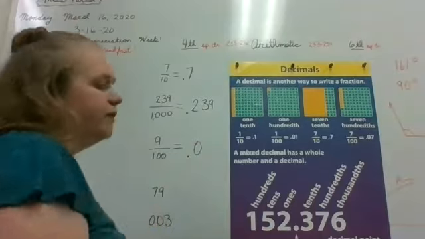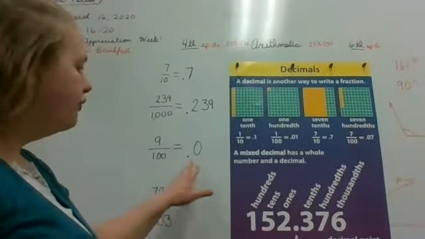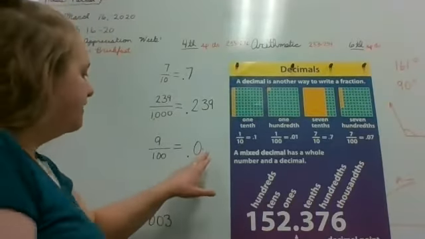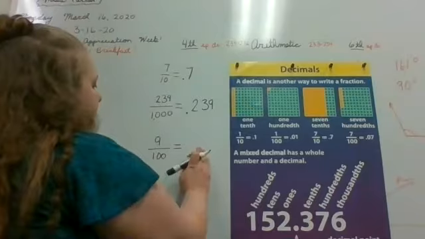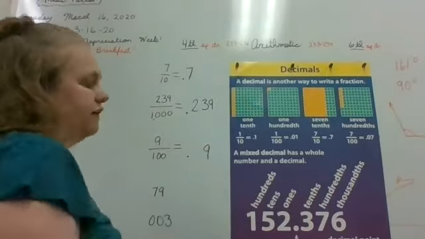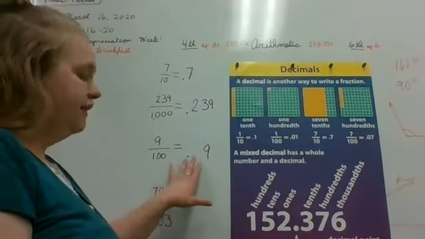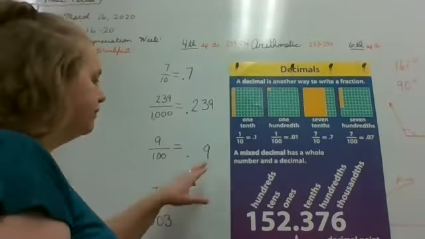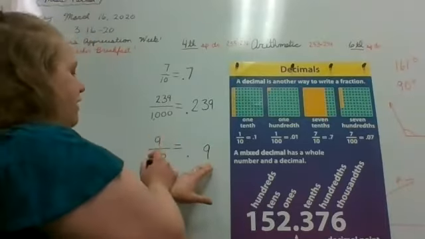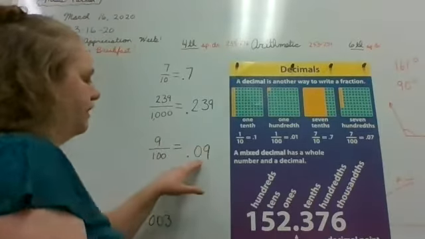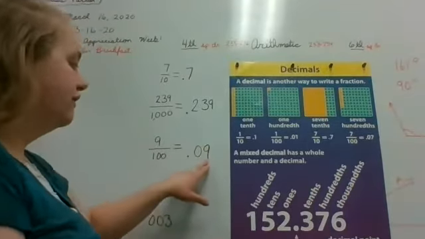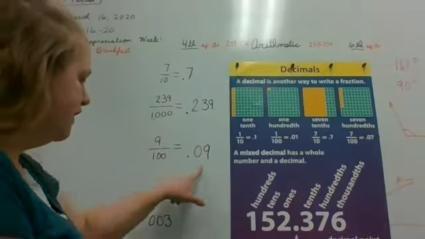We put a 0 there to hold the place, because if we didn't have the 0 there and we just put a 9, we would think that it was just 0.9, and it would be 9/10 and not 9/100. So we want the 0 there to show that the 9 is in the hundredths place, okay?